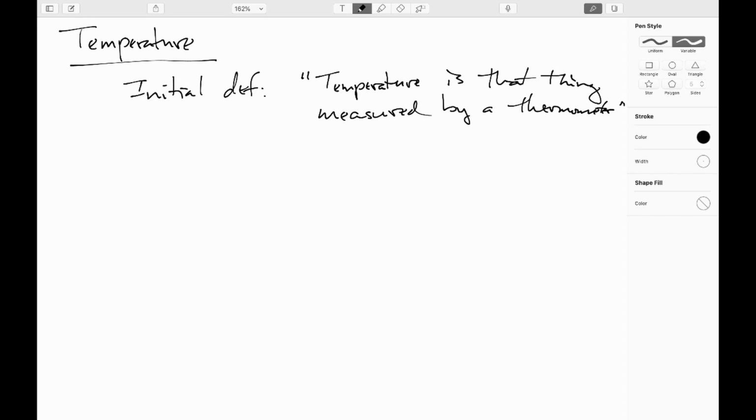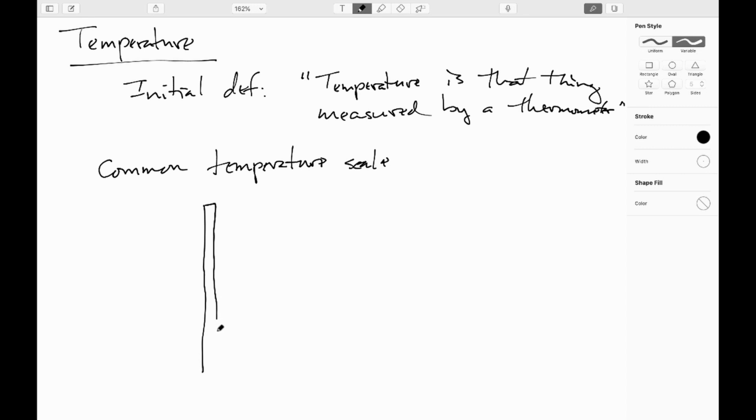So how can we set up a common temperature scale? Well, one way you could do it is you can say, all right, here is my temperature scale, and what I need are a couple of temperatures that I can replicate pretty easily, that I can use to calibrate things. So for instance, we could stick a thermometer into an ice water bath, wait a while for the level to stabilize, and then name that whatever we want.